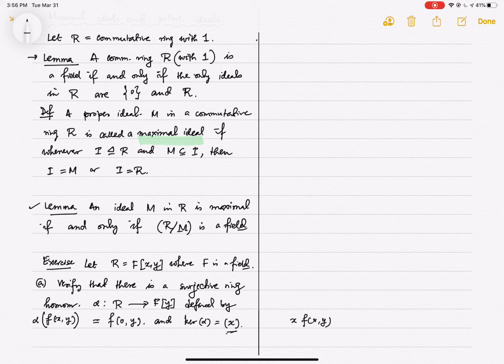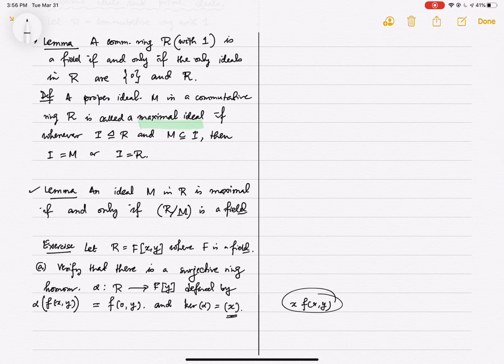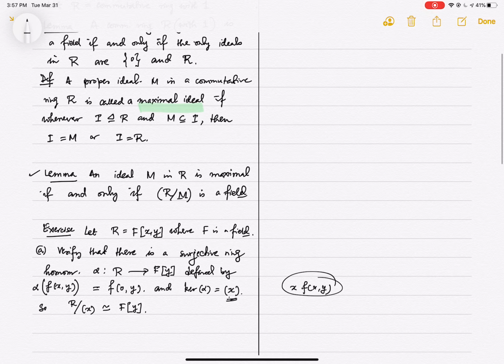Yeah, that's what this means. All polynomials that look like that. So by the first isomorphism theorem, if you have a surjective homomorphism from R to F[y] with kernel being this thing, then R mod the kernel, remember, is the image. Okay, so that's another quotient ring that you identified.